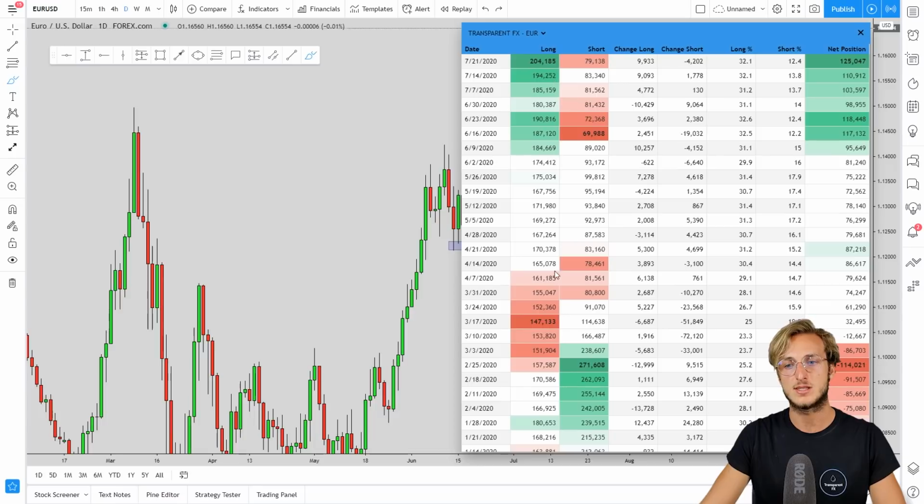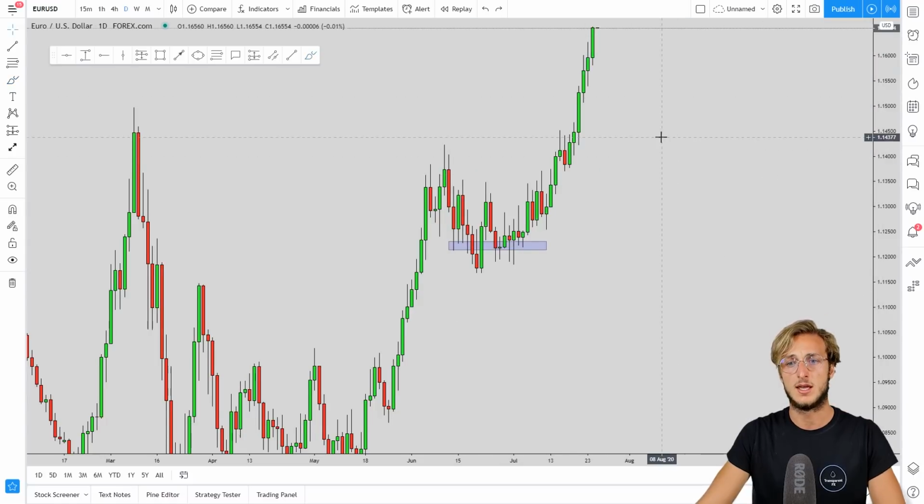And what you can see is that we went from 147k net positions all the way up to 204k net positions. Specifically, we went from having way more shorts than longs from an institutional perspective on the euro, with 271k shorts and 157k longs, all the way up to having way more longs than shorts from an institutional perspective on EURUSD, which is the completely opposite thing, with 204k longs and 79k shorts.